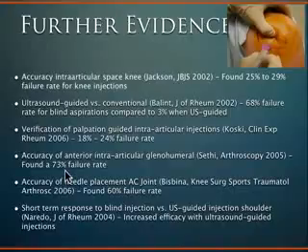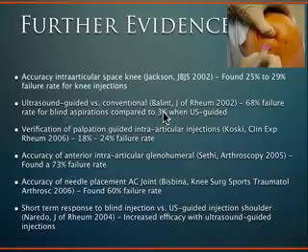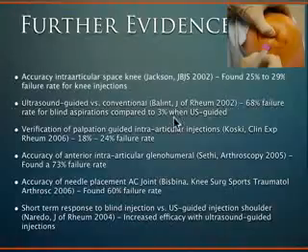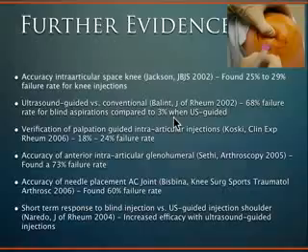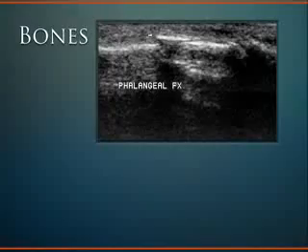Now these are maybe some outliers, but still alarming how potentially inaccurate we can be with our blind injections, as opposed to when we compare them to ultrasound guidance, 68% versus just 3%. It's strikingly different. And so using ultrasound guidance is starting to become a standard of care for most joint and soft tissue injections as the modality grows and as more practitioners become comfortable with it.